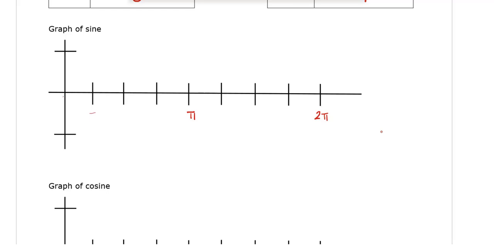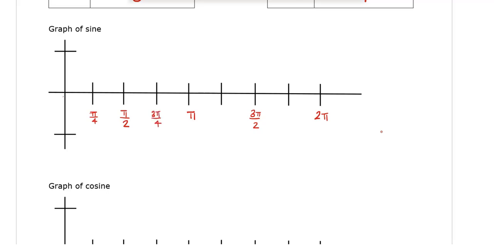Halfway between 0 and pi would be pi over 2, and halfway between pi and 2 pi would be 3 pi over 2. Halfway between 0 and pi over 2 would be pi over 4, and halfway between pi over 2 and pi would be 3 pi over 4.